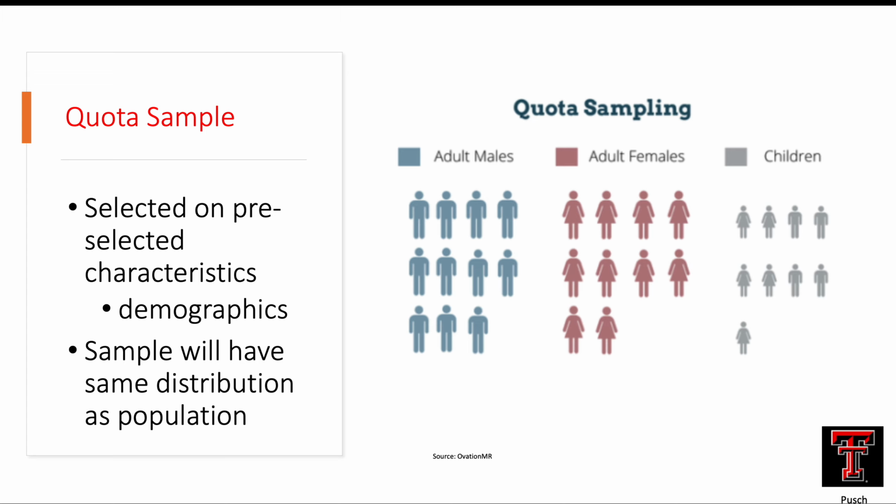So, for example, say the population is 40% adult males, 30% adult females, and 30% children, well, then that sample will match that larger population. So just making sure that everybody is included on a specific demographic, or another characteristic, that mirrors the larger population.